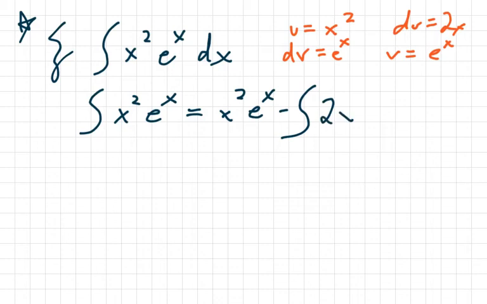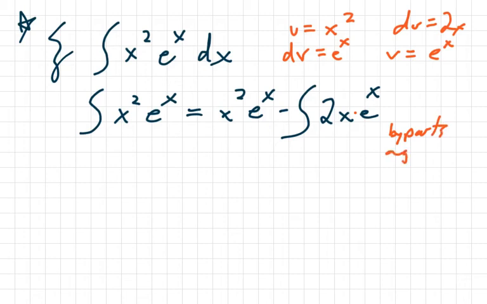So e to the x times 2x dx, like so. Now, whoa, again, do the integral. Look at this. This is still a product of factors. So here's a little hint. If I try to do the integral of this using substitution, let u equal x or something, it's still not going to work. So I'm going to try by parts again.